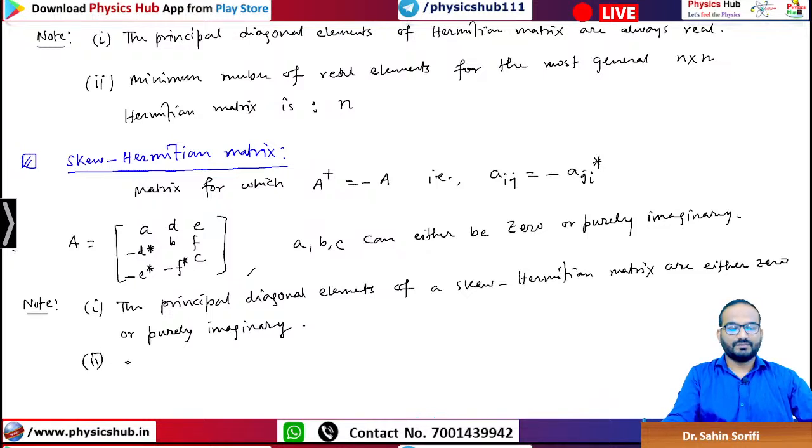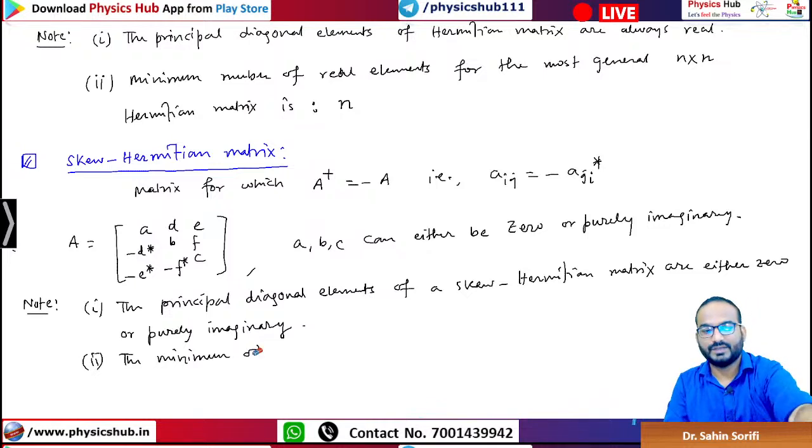And what is the minimum number of real elements? Can you tell me the minimum number of real elements in a square skew Hermitian matrix? Anyone?